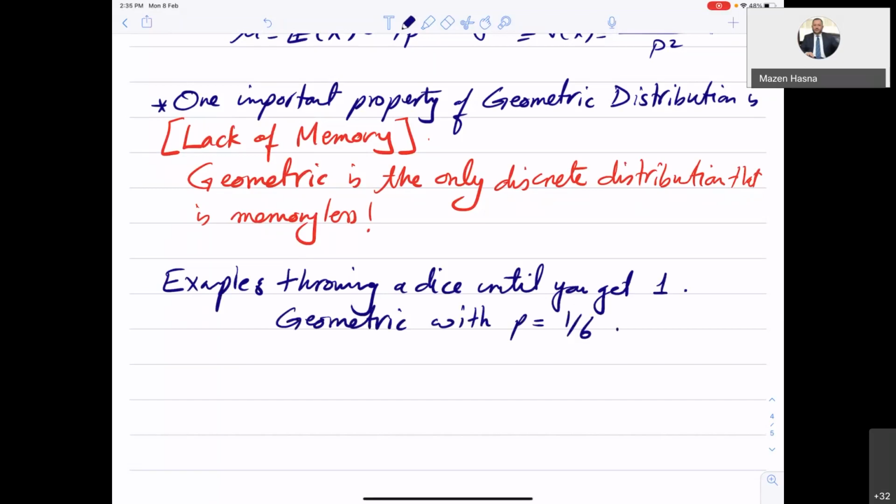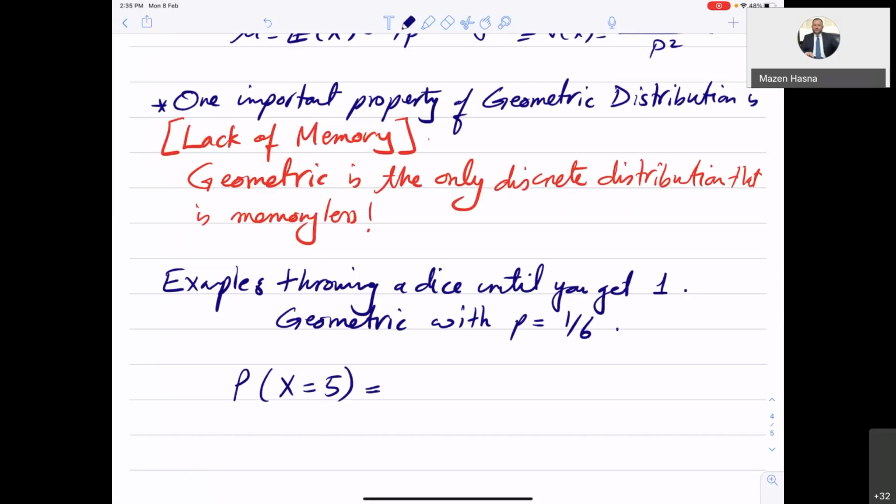So on average, we expect that you will need to throw the dice 6 times, 1 over 6, to get the number 1. Right. So before you go, I will ask you, what's the probability that x equals 5? That on the 5th trial, you will get 1.